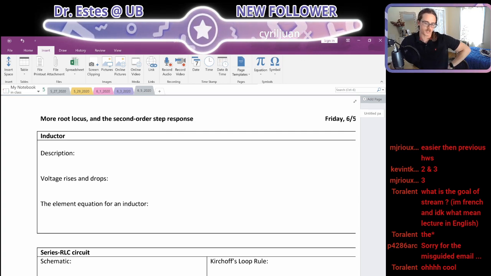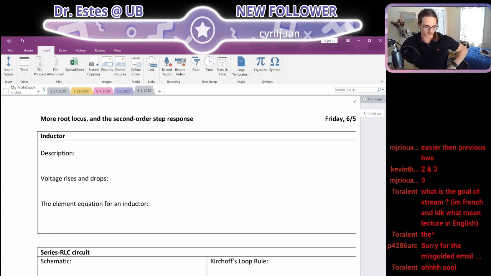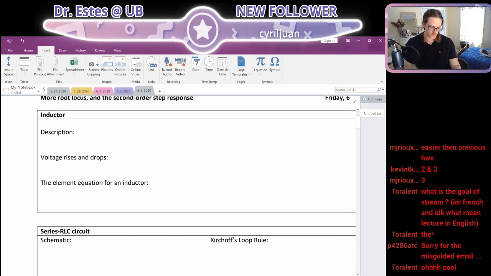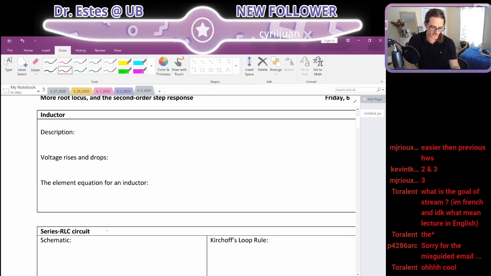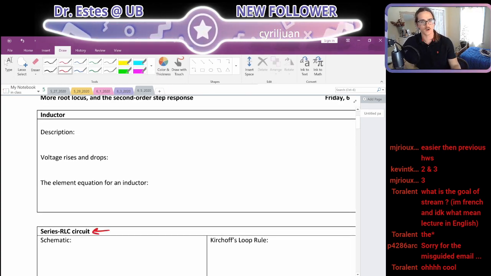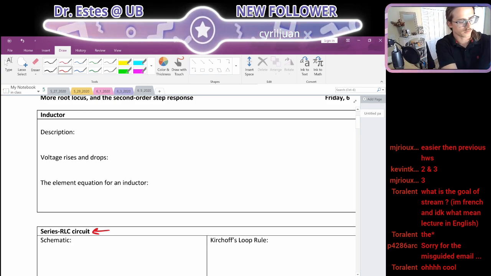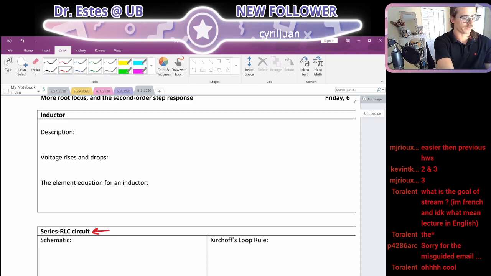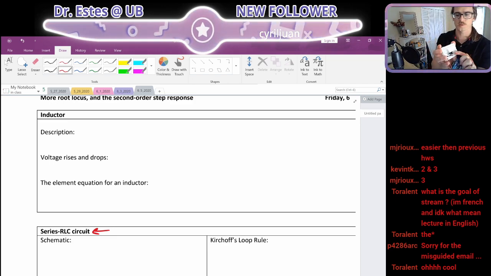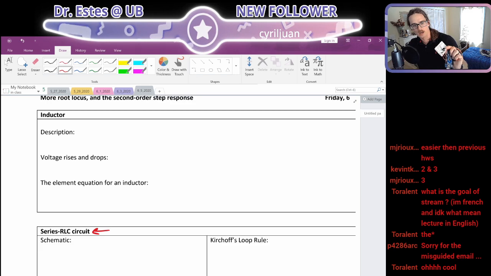It's another circuit, and it's going to be a series RLC circuit. Maybe I can give you a little preview. It's going to look a lot like the RC circuit, almost identical.